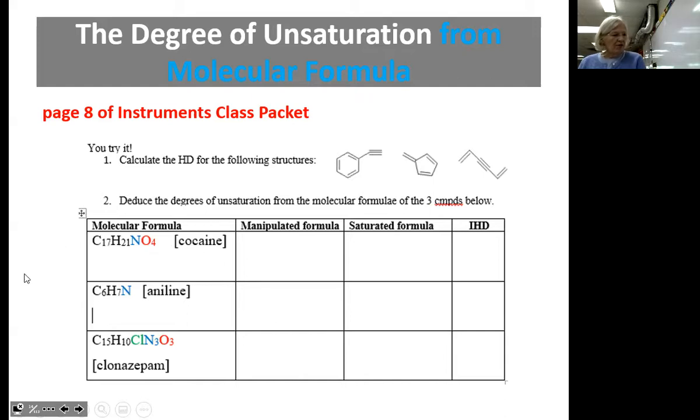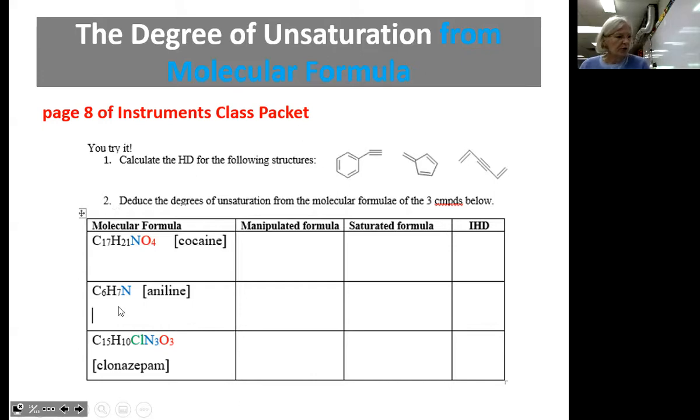Now, from these formulas, you should be able to, here's the given formula, write the manipulated formula, then rewrite it so that it's saturated. You know saturated is CnH2n+2. Then compare the manipulated and the saturated to determine how many hydrogen molecules were needed to accomplish that.